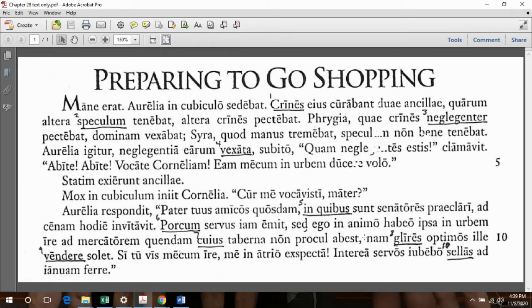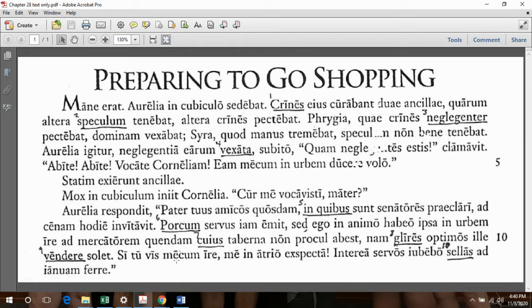Continuing on with the sentence translation, nam, for, ille, that, masculine one, that guy, referring, of course, to this merchant, solet, soleo, solere, is accustomed, vendere, to sell, glires optimos, the best dormice. It's a little creature that was somewhat of a delicacy, and indeed, they are going to eat them for this fancy meal.